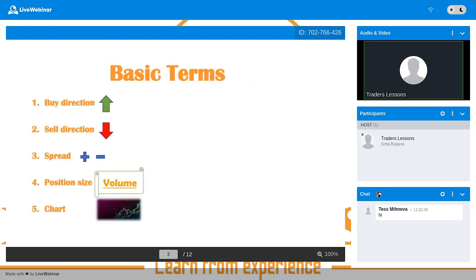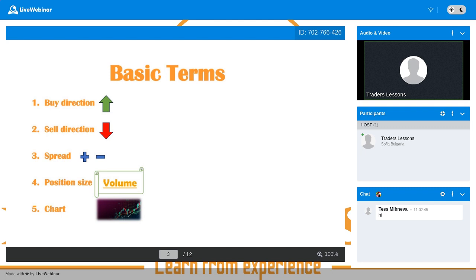So start with the first thing, the basic terms of trading. I know some of you may have experience, some of you may not. This is not the point. The point here is for you to learn the basic idea of how to approach the market, how to approach the investment world, to a level where you know what you're doing, whether right now you are buying or selling in the market.